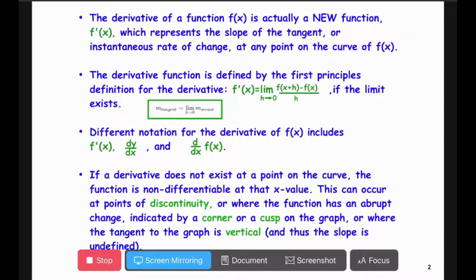So remember, it's giving the slope, not the whole line of the tangent right away, or the instantaneous rate of change at any point on the curve of f of x. The derivative function is defined by the first principles definition: f prime of x equals the limit as h approaches 0 of f of x plus h minus f of x, over h.